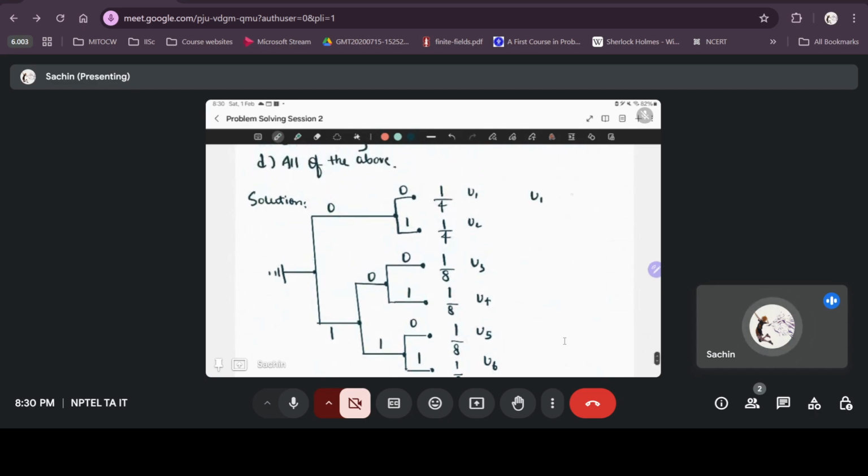Now we can write down the code words. So for U1, from the root node, move along the branches to your message and read off the bit on that branch. So the code word for message U1 is 00. For message U2, start here and go this way. So the code word is 01.